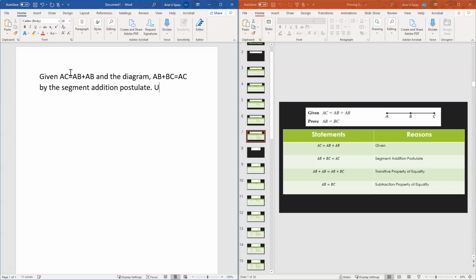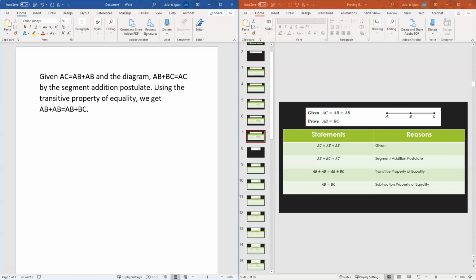So then I can say using the transitive property of equality, we get AB plus AB equals AB plus BC.